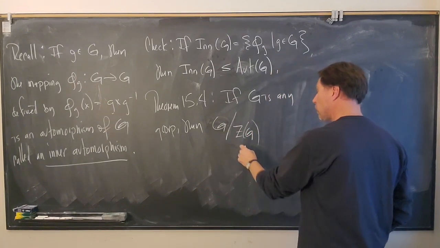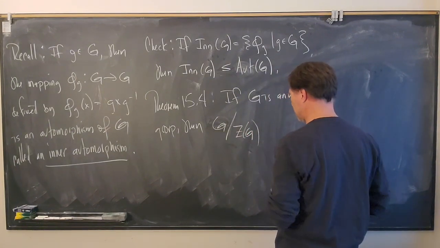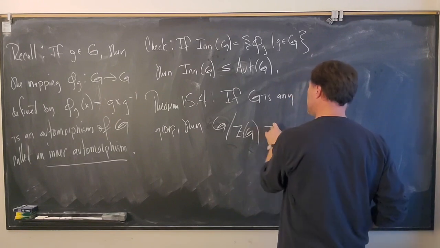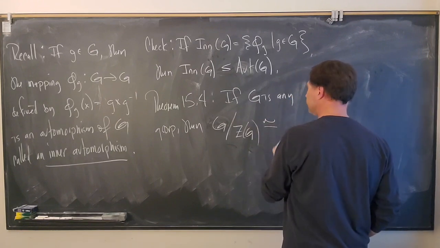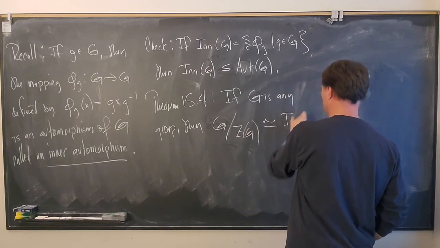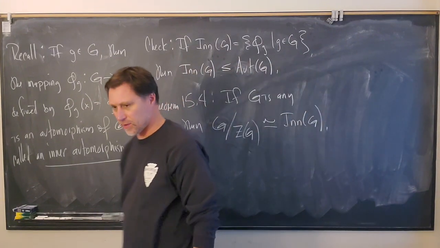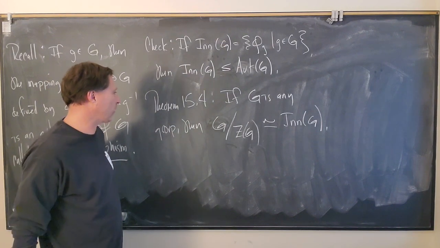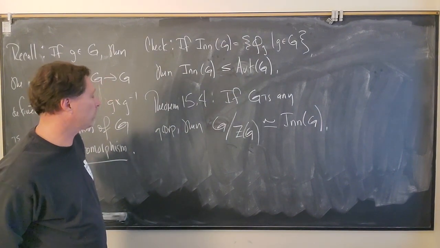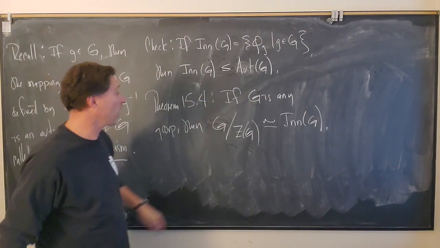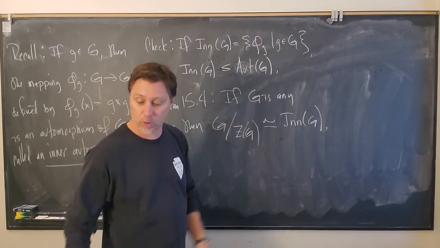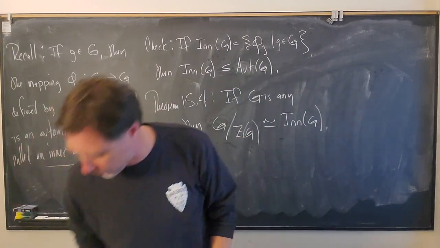We know that Z, the center, is a normal subgroup. G mod Z of G is isomorphic to the group of inner automorphisms of G. That's kind of a funny looking result, but it turns out to be true.